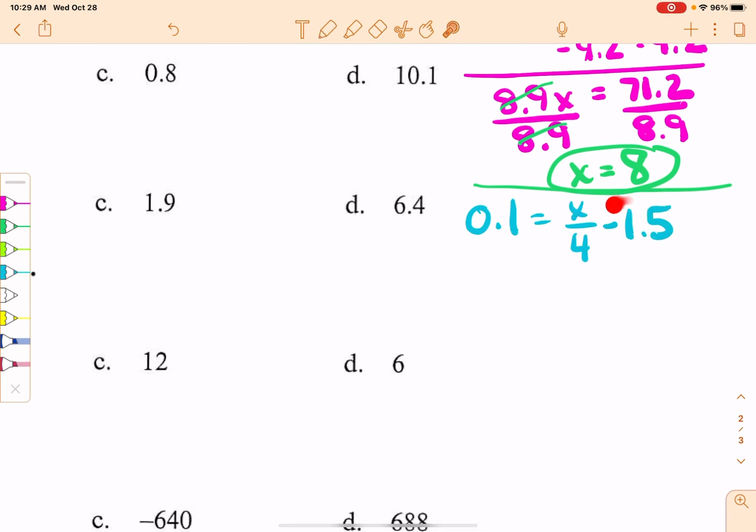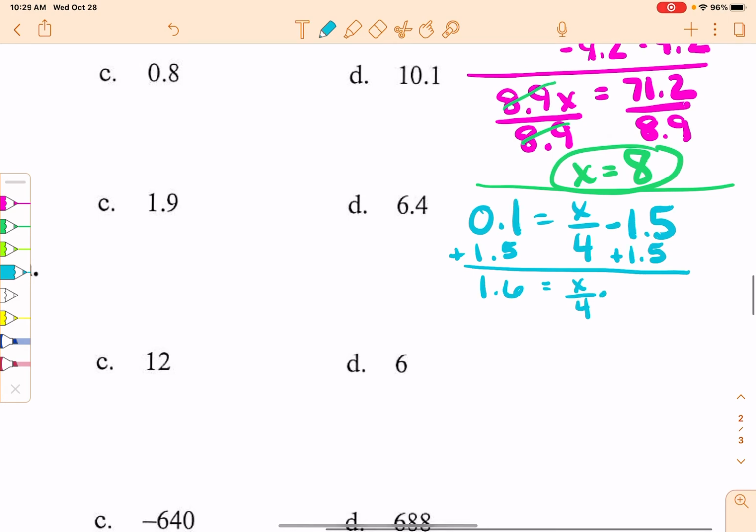So I start with this. The opposite of subtracting 1.5 is adding 1.5. So 1.6 equals x over 4. Then this x over 4 is really x divided by 4. So the opposite of dividing by 4 is multiplying by 4.